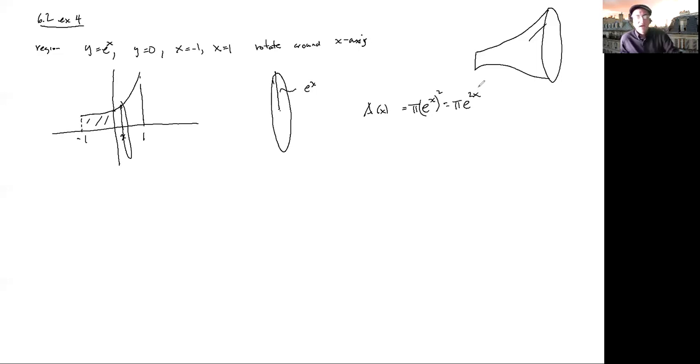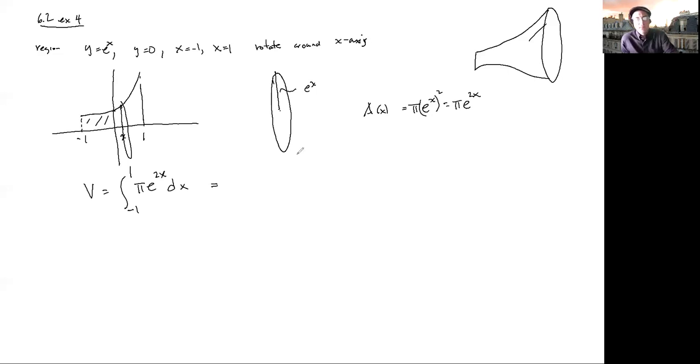Okay, so the volume is therefore given by the integral, with x going from -1 to 1, of pi times e to the 2x dx. We have to find the antiderivative of e to the 2x.